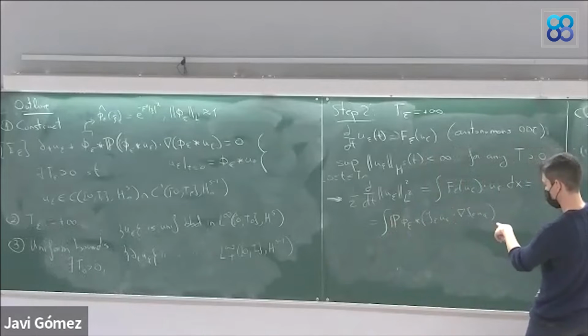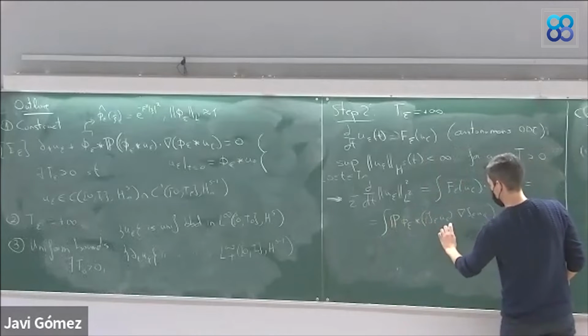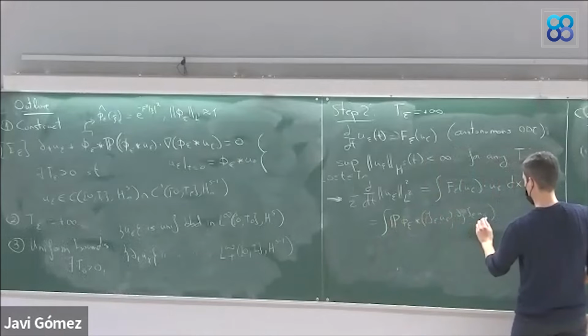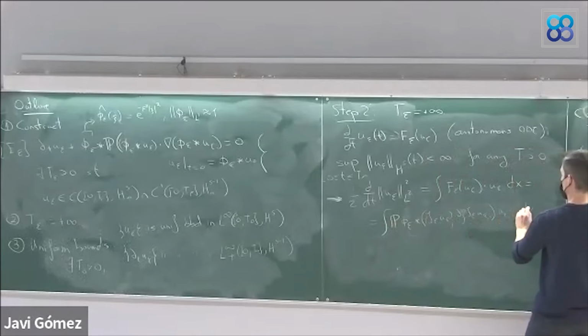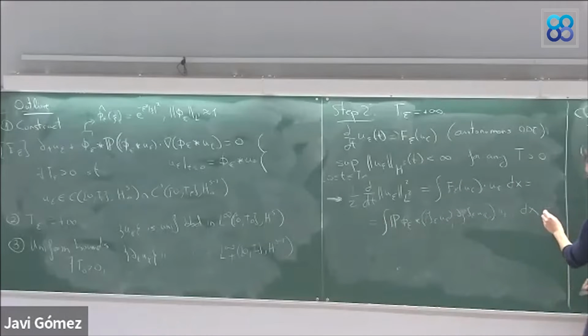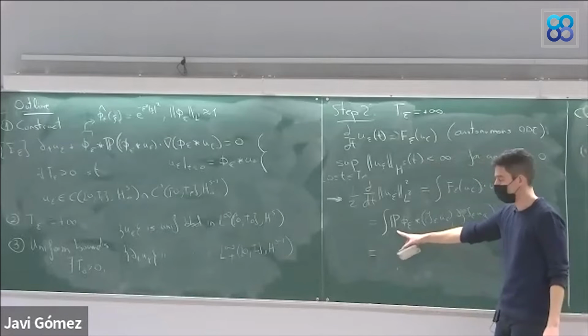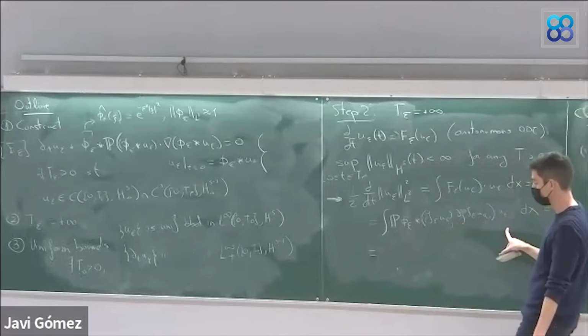I'm going to write this in components for a second. So this is J partial J U I U epsilon. Now the Leray projector, I said that it was self-adjoint, so it moves to this other side. Same with the modifier.